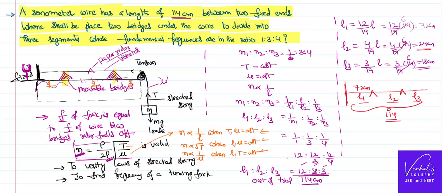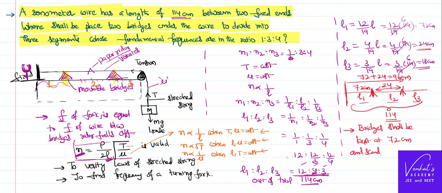Be careful. From L1 to L2 is 24. From here to here is 24. That means from the beginning, from the fixed point, that is 72 plus 24, that is 96 centimeters. So where shall we place the bridges? Bridges shall be kept, from the beginning, one bridge at 72 centimeters and the second at 96 centimeters.